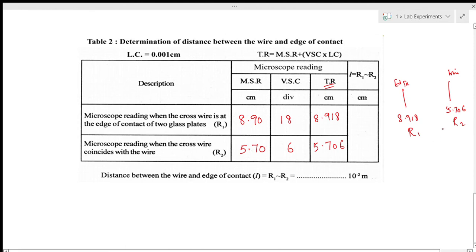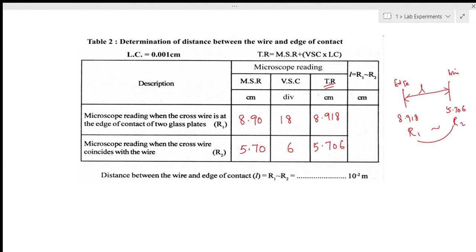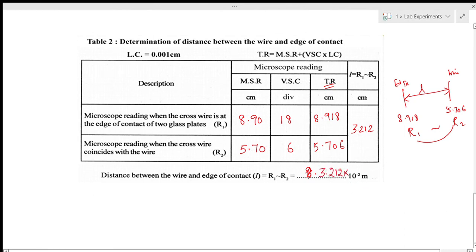The difference between these two will give you the distance between the edge of contact and the wire. So 8.918 minus 5.706, the value is 3.212 centimeters. So here L is 3.212 into 10 power minus 2 meters.